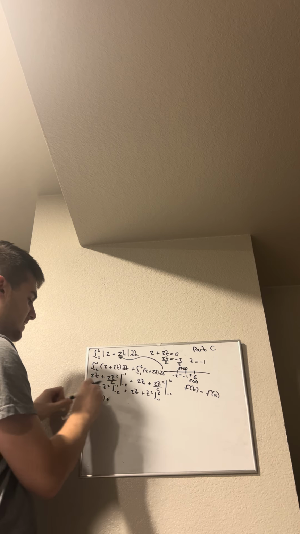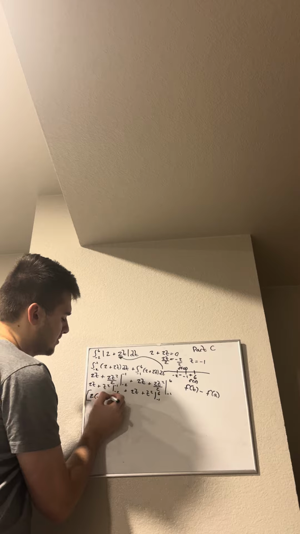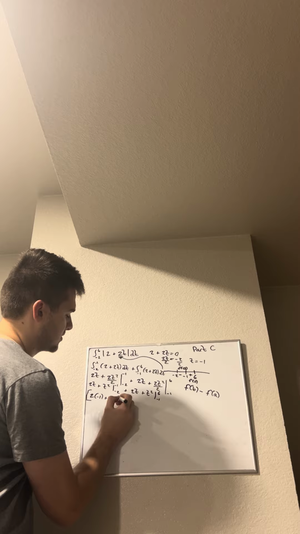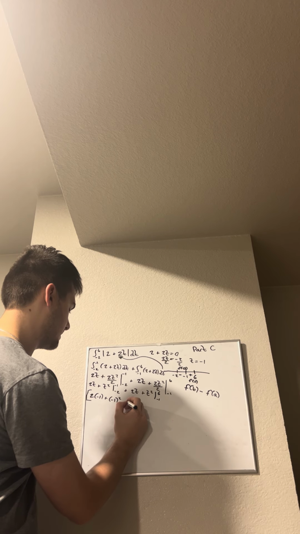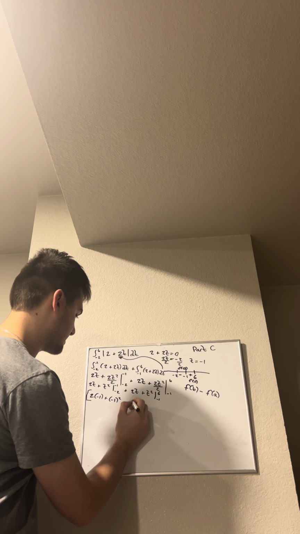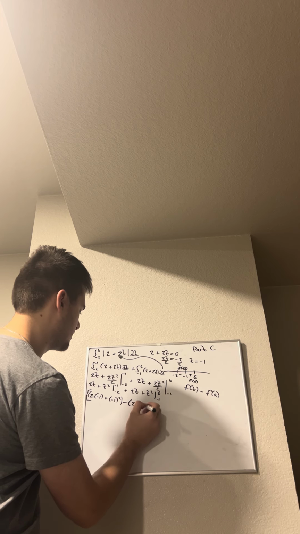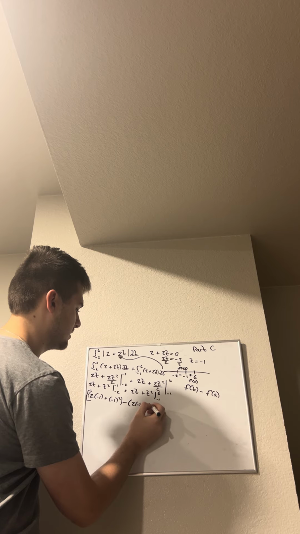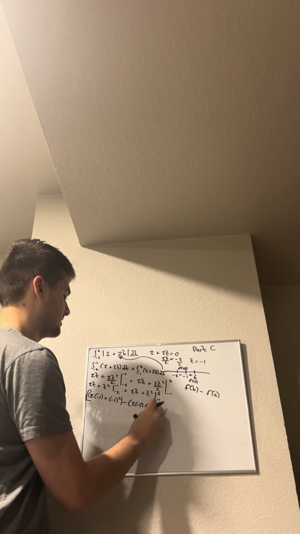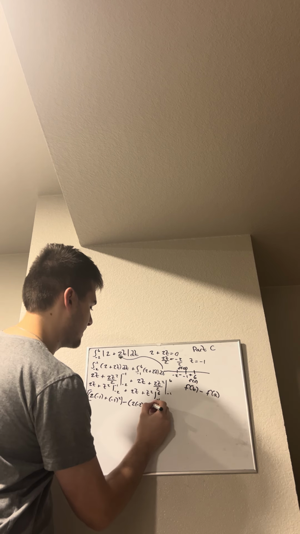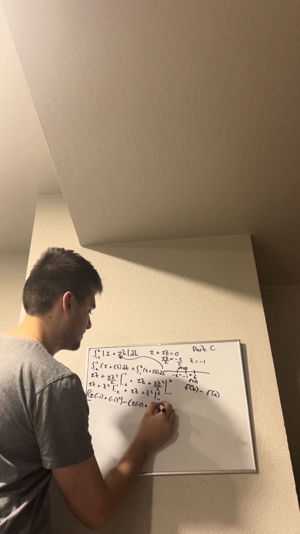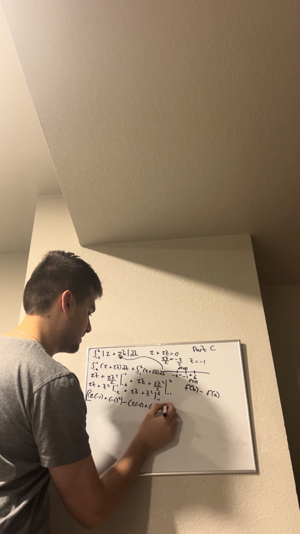It would be 2 times negative 1 plus negative 1 squared, minus, with bigger parentheses around this, 2 times negative 2 plus, sorry, not t, it's supposed to be negative 2 squared. That's the first expression right here.